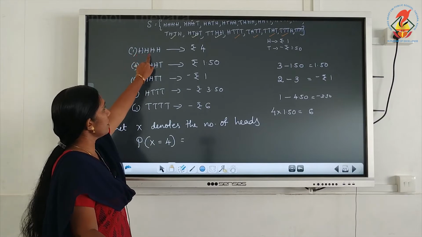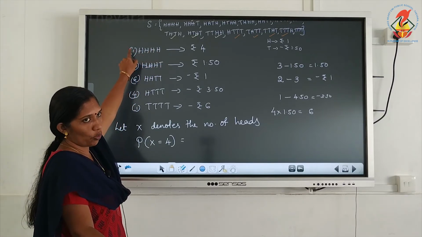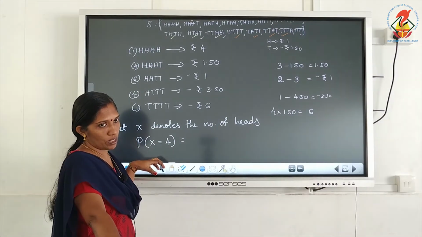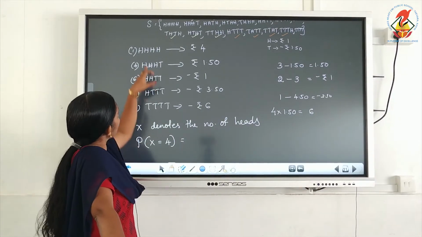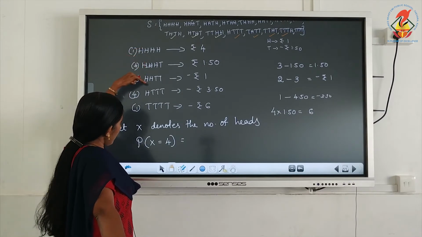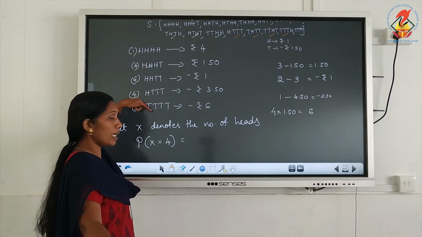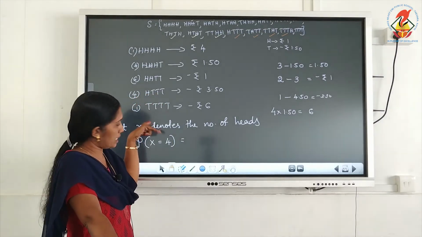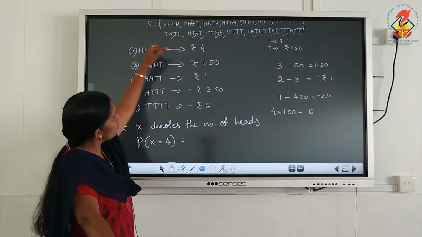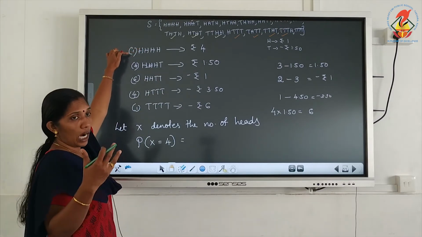That is the first case. Number of heads 4, and we are writing the probability based on the amounts. Then X3 here, X2 here, X1 and X0. Based on heads I am writing. So X is equal to 4, that is rupees 4. How many outcomes?